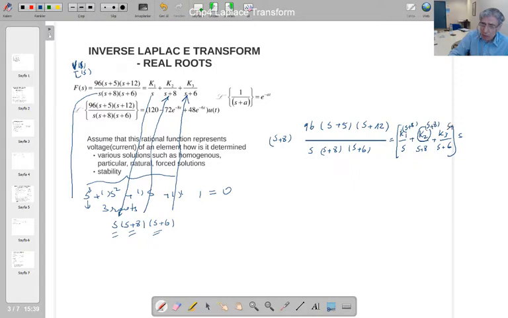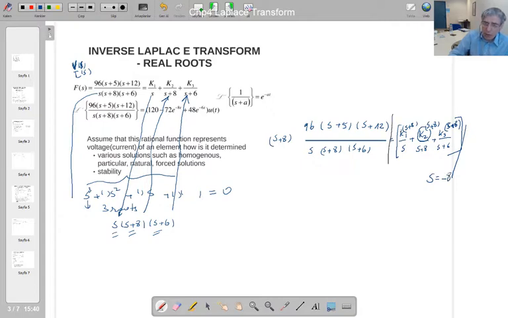Oh, I made a mistake here. K3, s plus 8 over s plus 6, and then replace s with minus 8.